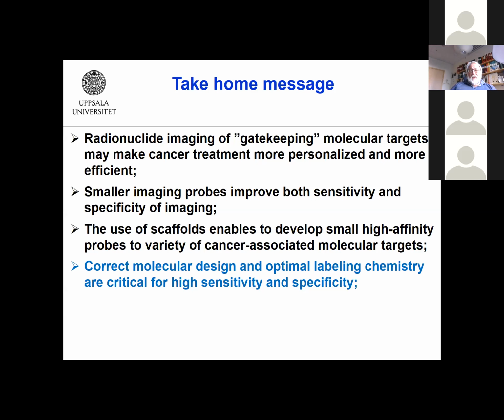And we should always understand molecular design and optimal labeling chemistry to ensure that our targeting agent provides the highest sensitivity, specificity, and overall accuracy of molecular imaging.